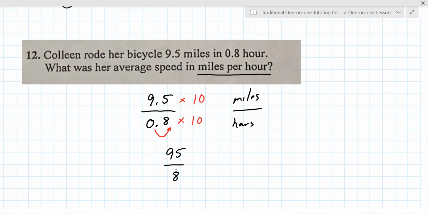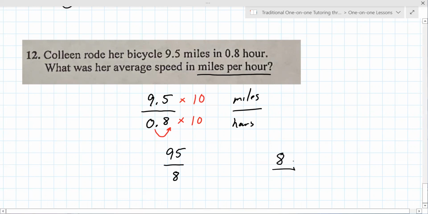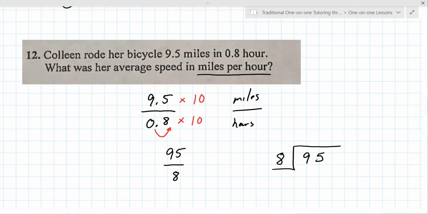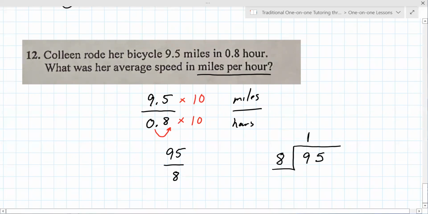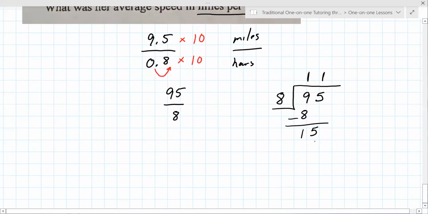So to answer this, we've got to do our long division here. 8 goes into 9 one time. 1 times 8 is 8. 8 goes into 15 one time. And do you know what to do from this point?